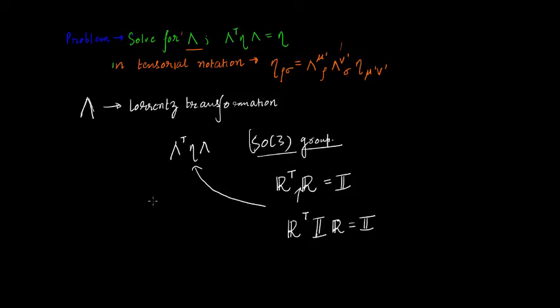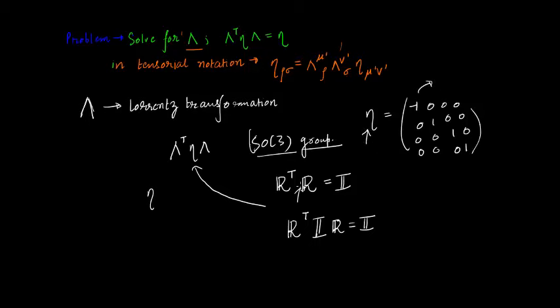Except for the fact that this metric has a -1 factor, because remember that we have our metric which looked somewhat like this. Right, so there's a -1 factor, and apart from that, this metric is in fact an identity matrix.